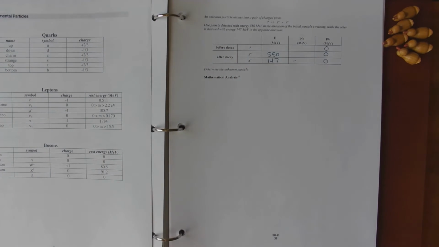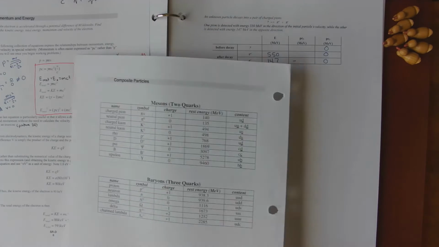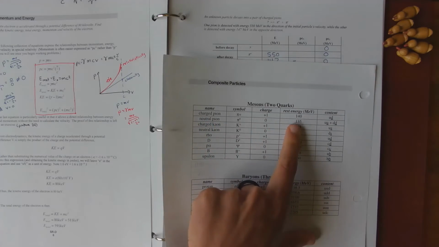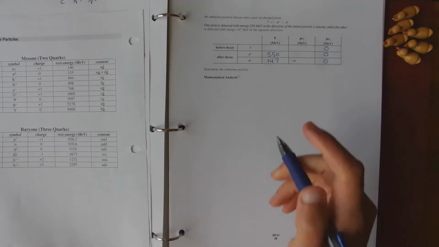So, let's look first at the charged pions, and the charged pions have a rest energy of 140.